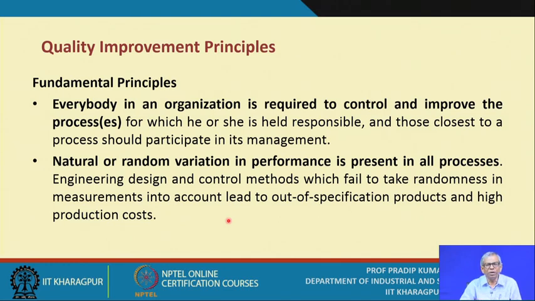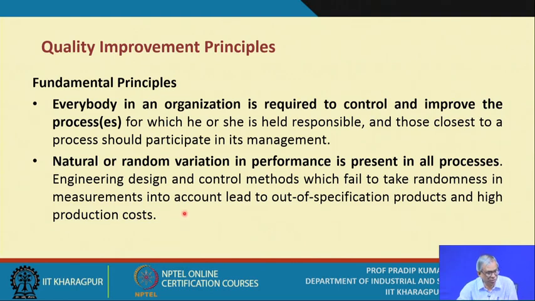Or can you produce identical units of the same product? You cannot. So this natural or random variation is a must, and engineering design and control methods which fail to take randomness in measurements into account lead to out of specification products and high production cost.